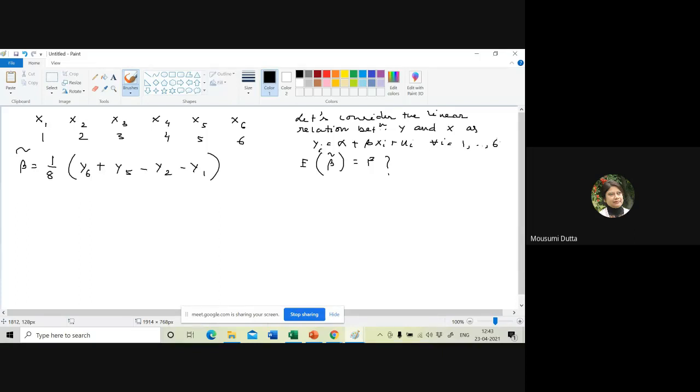And then you take beta common, you will find that alpha and alpha are cancelling. Take beta common for x6 plus x5 minus x2 minus x1. Then plus, together you keep the u values.